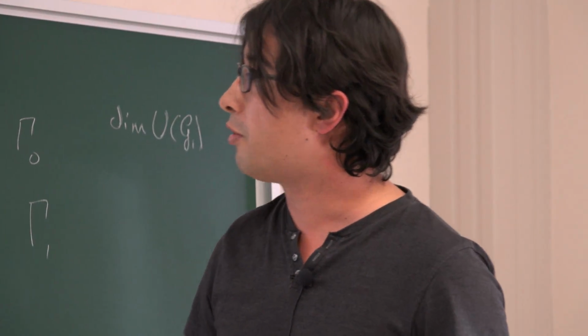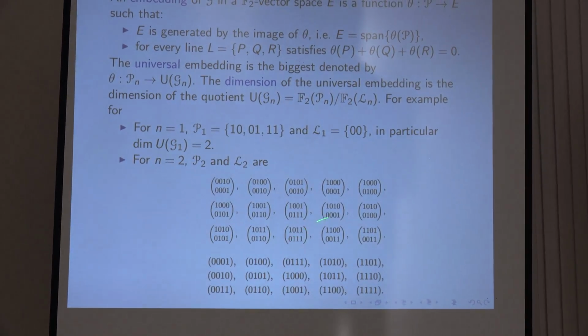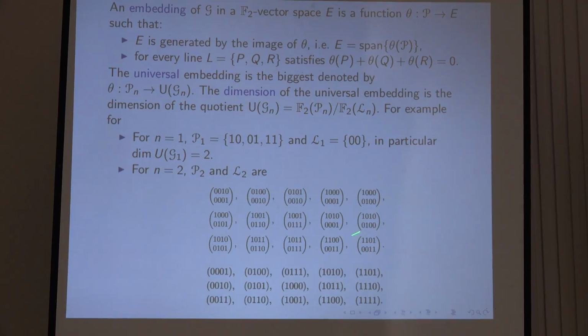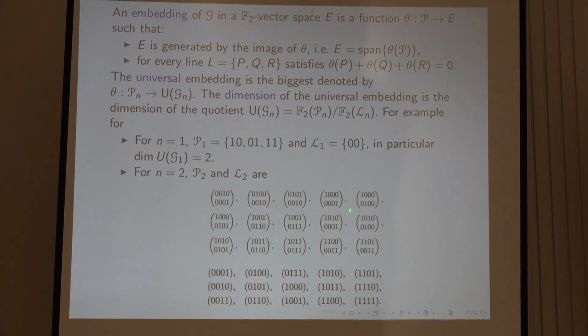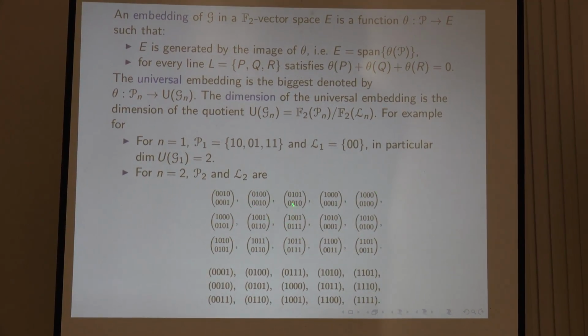But for example, for n equal 2, you can calculate: these are the maximal totally isotropic subspaces, and these are the totally isotropic ones. These are the points, and these are the lines. No, sorry, it's equal because they are self-dual. So these are the points, and these are the lines.